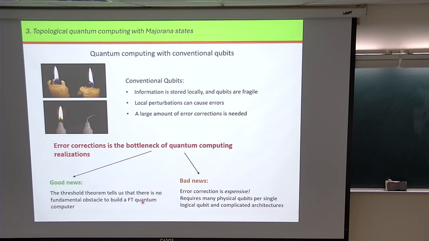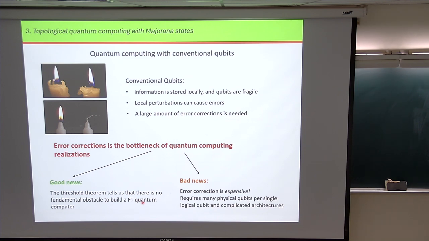So it means that you will need to do error correction, which is not trivial for quantum systems, because unlike classical systems, you cannot make copies of superposition states. In classical systems, it's easy to do error correction. You just make 100 copies, and if 10 copies get corrupted, I still have my 90 copies.